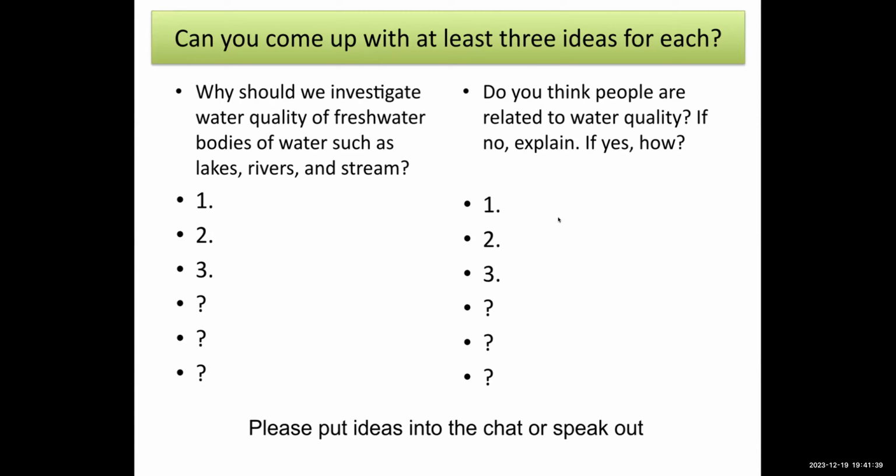And if no, explain, and if yes, how? So could you just think about these two questions and just quickly throw ideas in? Why should we investigate water quality? And are people related to water quality?